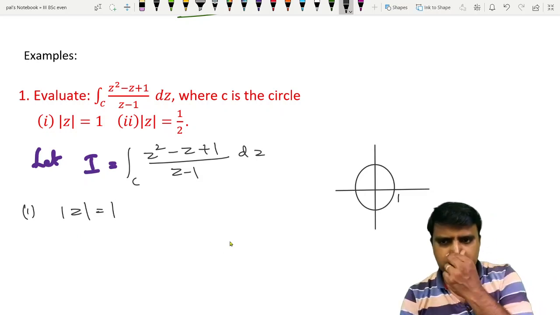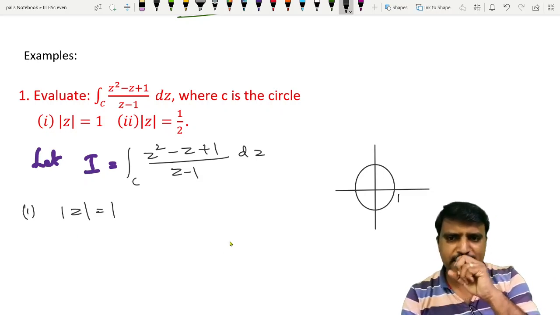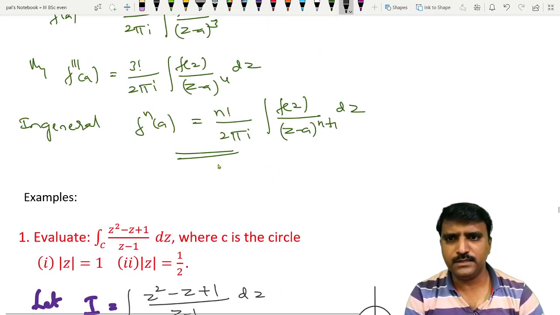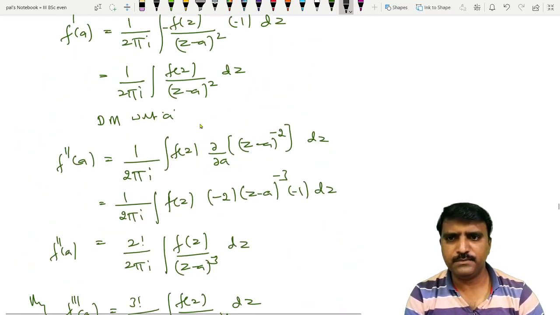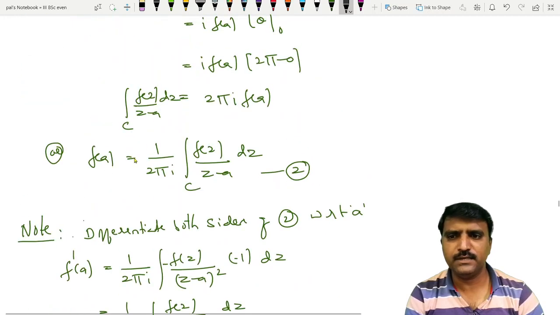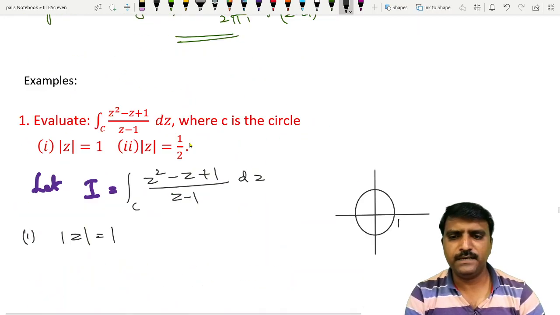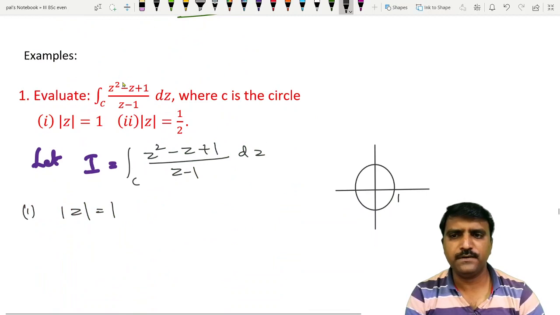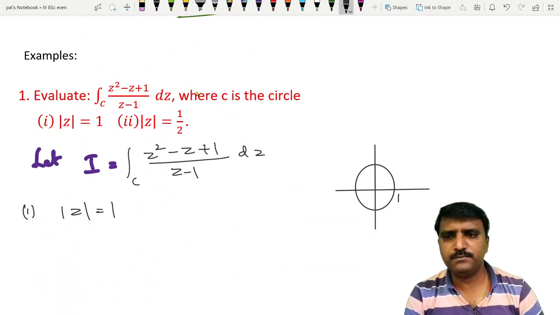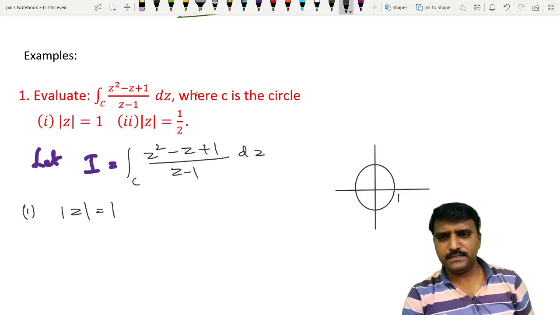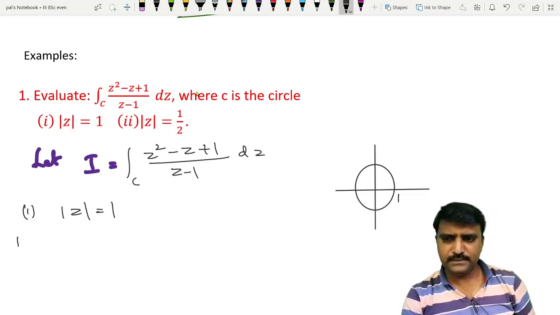So in this one, if you compare this with Cauchy's integral formula, integration of f of z by z minus a into dz, what is in place of f of z? In place of f of z we have z square minus z plus 1. So here f of z is equal to z square minus z plus 1.